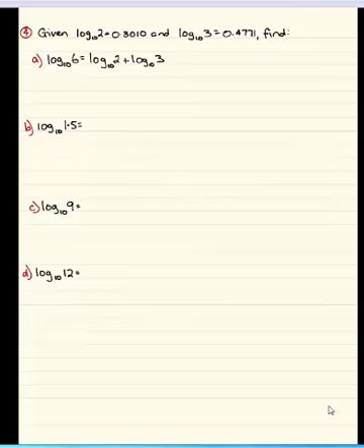And just above, they've given us the values for those ones. So this is equal to 0.3010 plus 0.4771. And so therefore, this one is equal to 0.7781.